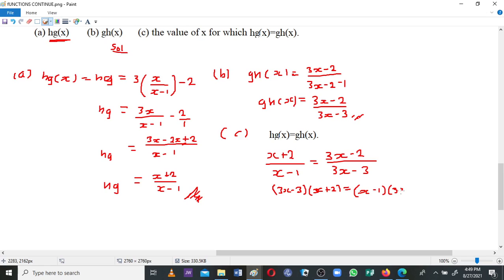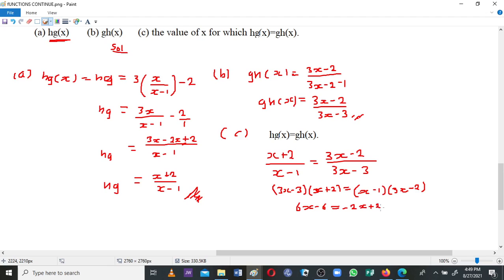Now if you expand your brackets, you are going to get 6x minus 6 is equal to, on this side, we remain with negative 2x, that will be plus 2.